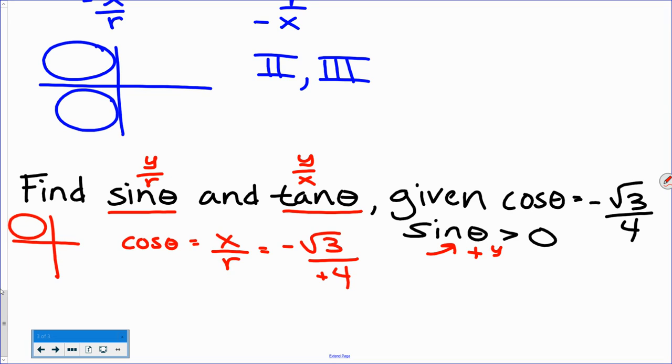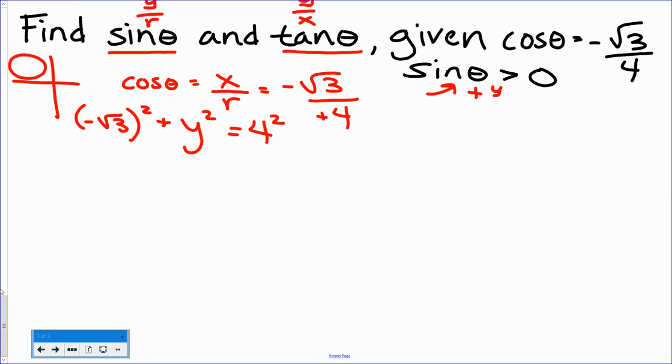Remember to come up with your x and your y and your r, you're using the Pythagorean theorem. So if I know x is negative square root of 3, I must square that. I'm trying to find y, and that would be equal to my r, which is 4. If I square the square root, it would just cancel my square root, and I'd square that negative, and it would turn out positive.